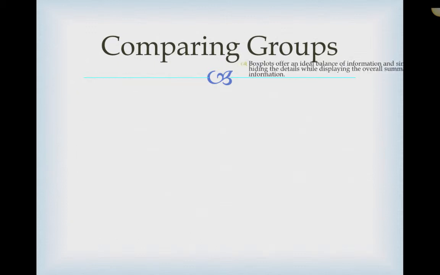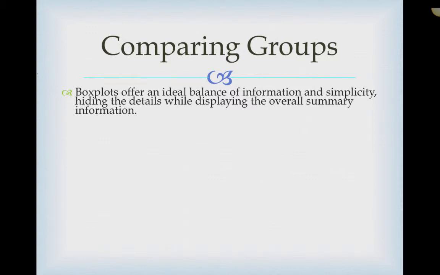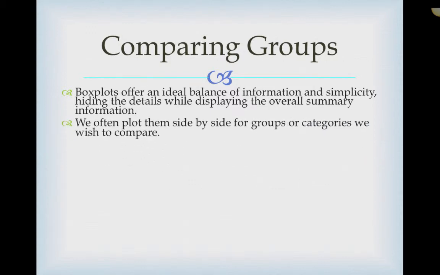When comparing groups, it's often easier to use box plots than histograms, because box plots we keep side by side on the same scale, so we can easily compare their centers and their spreads and look for commonalities and differences in their shapes and in outliers. Whereas in histograms, the histograms have to be kept separate.